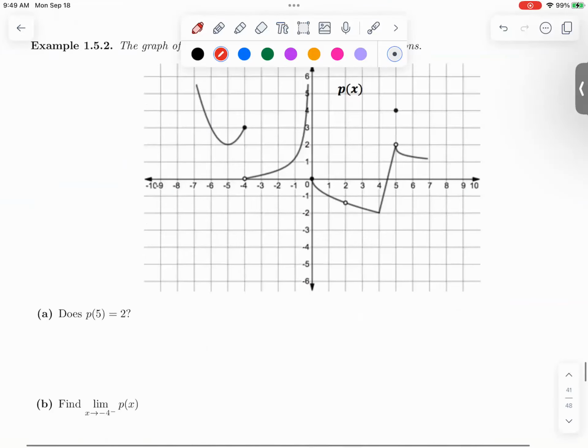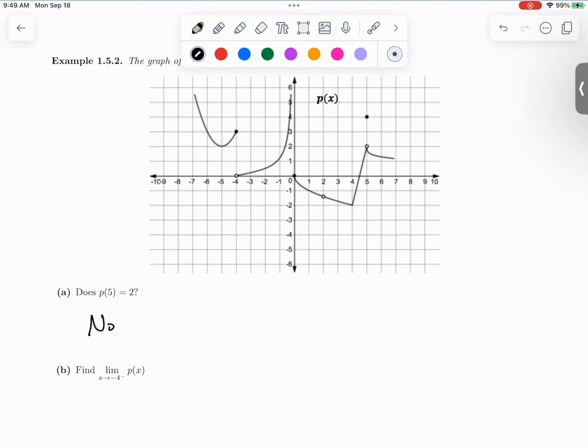So as a little bit of a reminder, does p of 5 equal 2? No, the limit will equal 2, but the function itself does not equal 2. Ooh, wrong color. P of 5 is equal to 4.